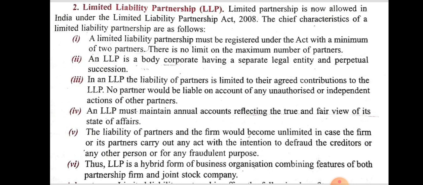The liabilities may be limited, but if there is any kind of fraudulent act done to the creditors, then it will become unlimited. It has to show the true picture of the accounts, annual accounts, and it has got a separate legal entity and perpetual succession.